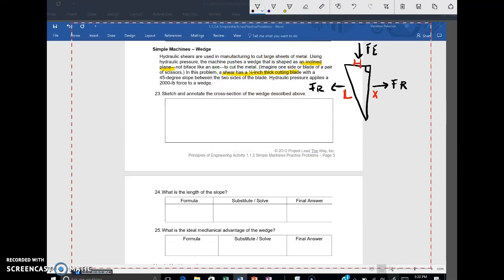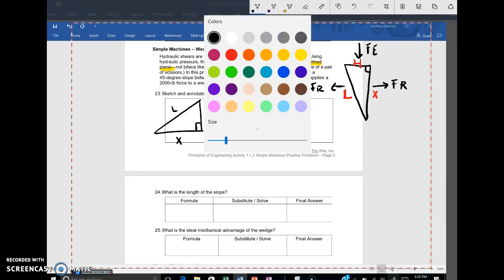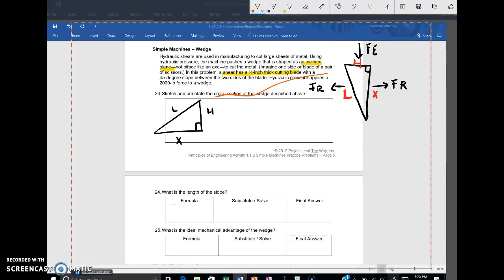So you could also do something like this here. Okay, and then this is, remember, your H, this is your L, and this is your X here. Okay, so this right here is essentially this just turned around.